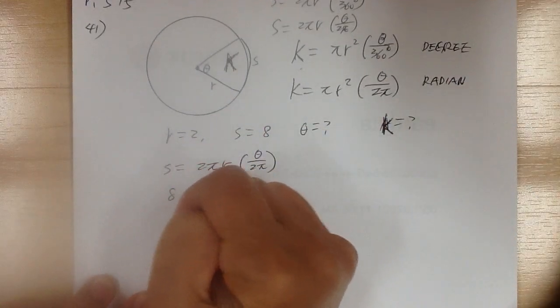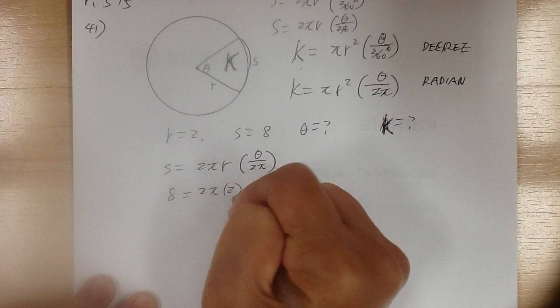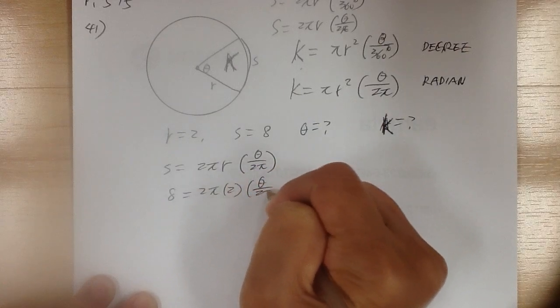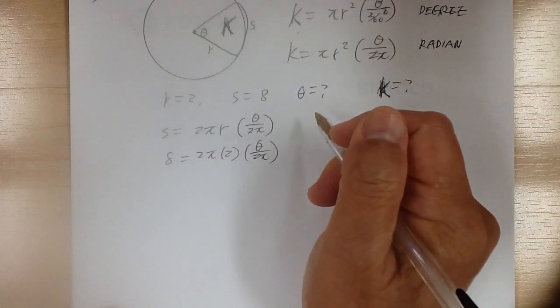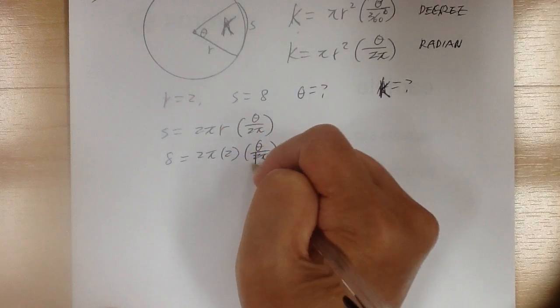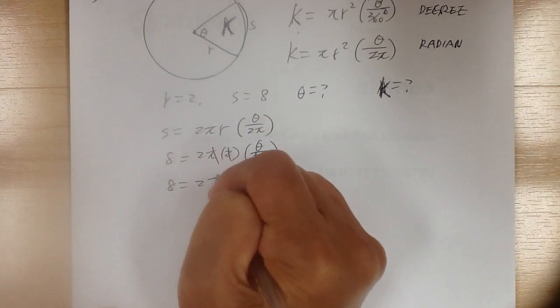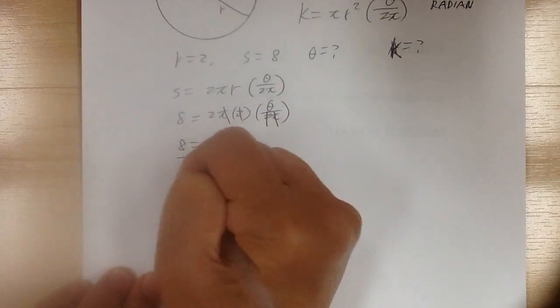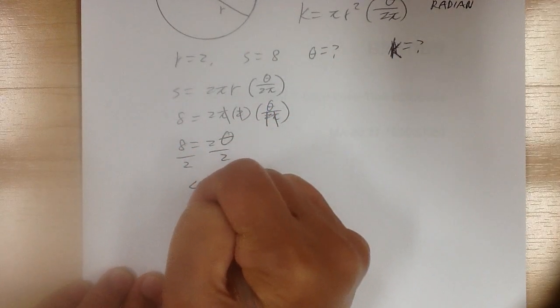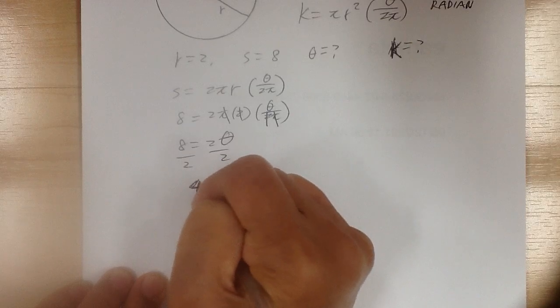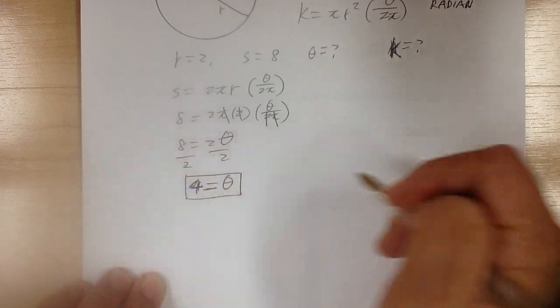So 8 equal to 2 pi times 2 times theta over 2 pi. Okay. And so the 2 cancel out, pi cancel out. So 8 equal to 2 theta divided by 2 divided by 2. So theta equal to 4 radian. Okay, so theta equal to 4 radian.